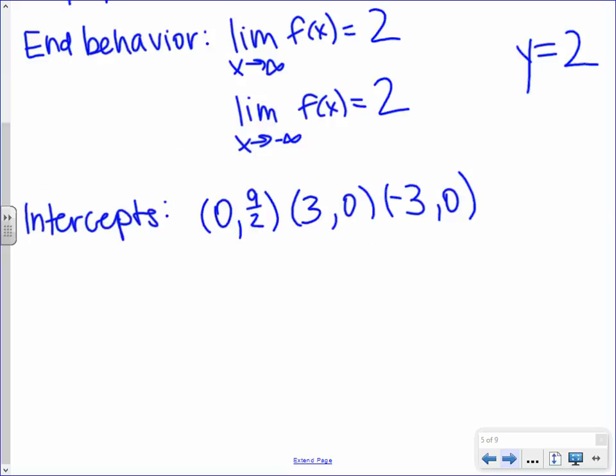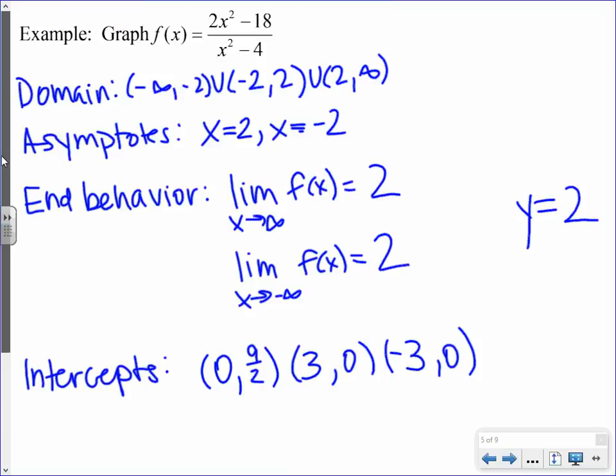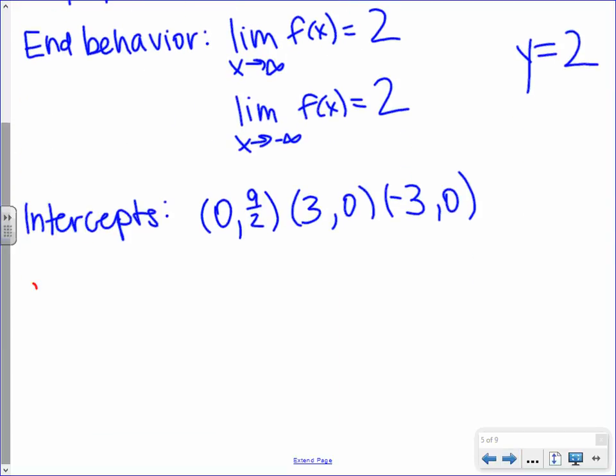Okay, now we need to focus on increasing, decreasing, and extrema. What rule do we need to use to find the derivative? The quotient rule. Let's all remember the quotient rule. We have low, and what is the high? 4.